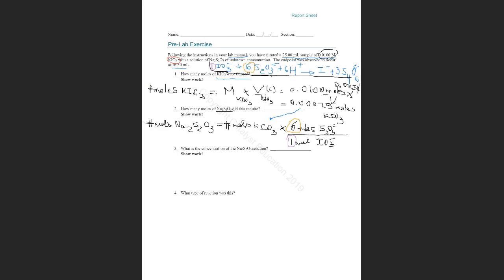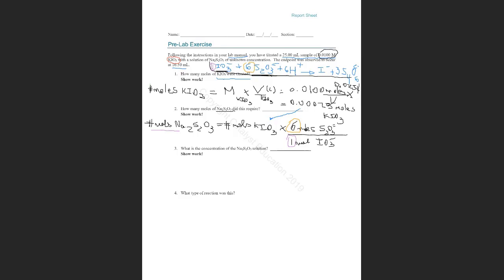So we use the molar ratio, and why are the moles of iodate in the denominator? Because those are the ones that I want to cancel. I am looking for the number of moles of thiosulfate.